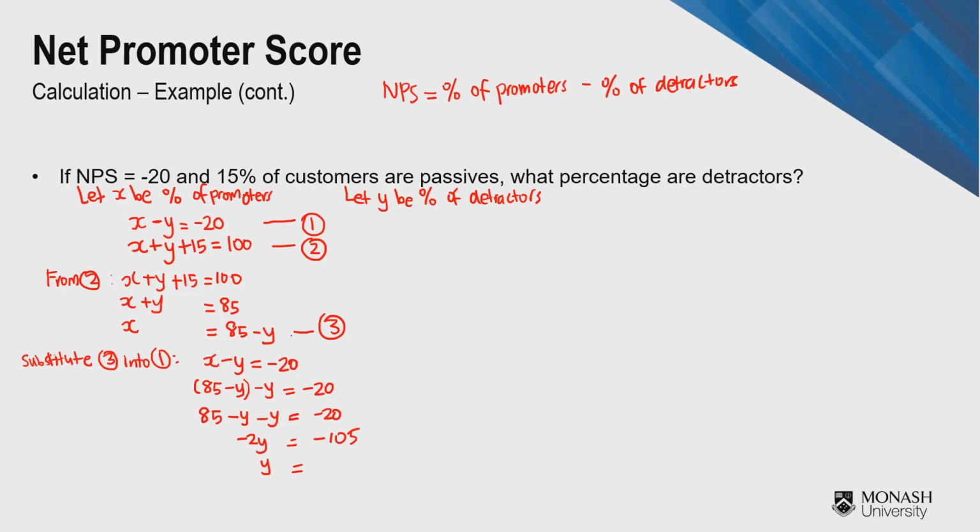So Y will give me 52.5. So Y will be equivalent to 52.5%. So your percentage of detractors is going to be 52.5%. That will be your answer.